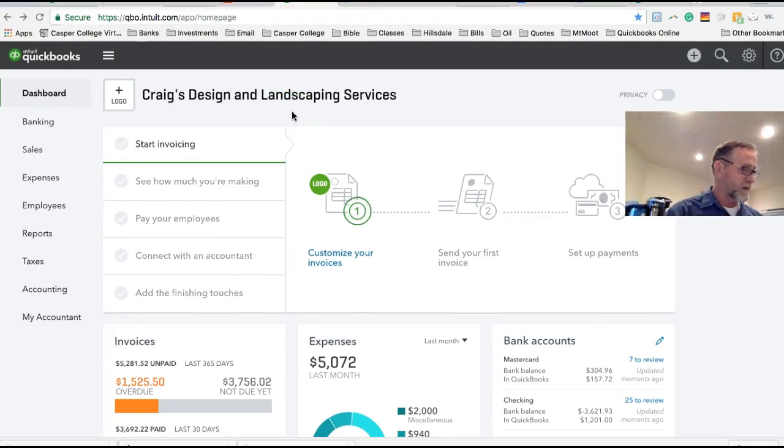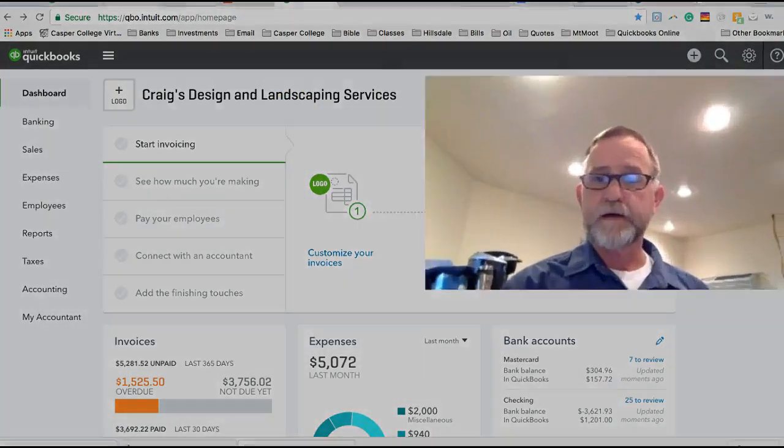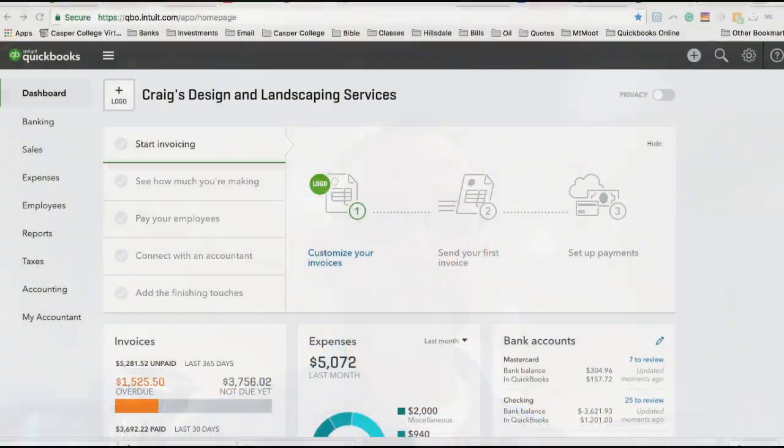The first one that we want to actually, oh, I didn't want to do that, but here, maybe it'll go back before. Okay, there we go. We're in Craig's design, and the first thing that we want to do is handle our prepaid expenses at the end of the current period. Now, in this particular example, we're going to do it every month for our prepaid expenses, and in this example, it's the prepaid insurance.